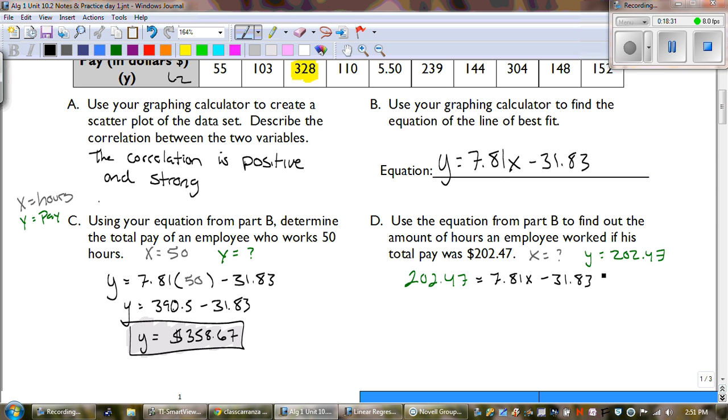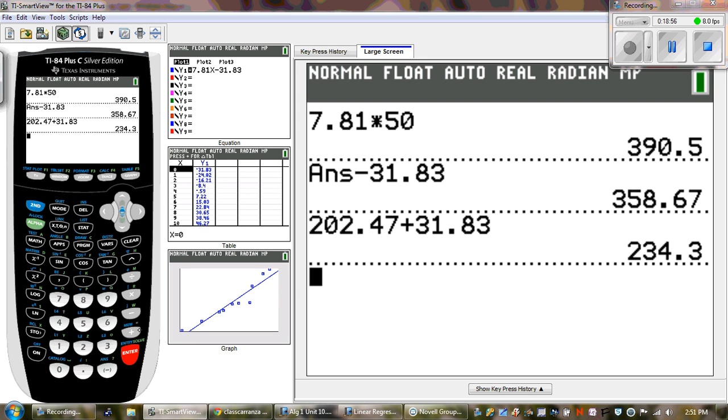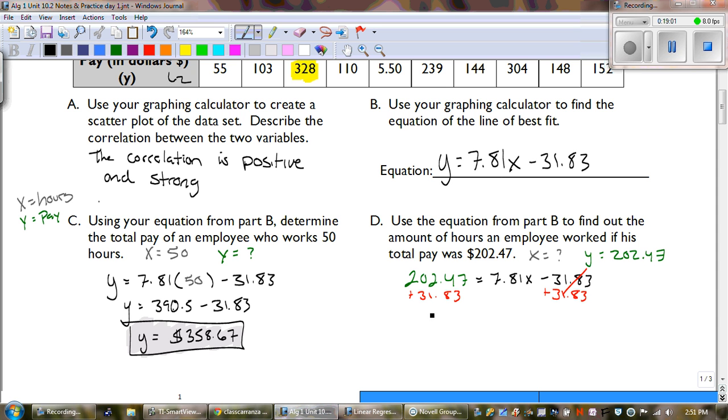Okay? And how do we solve? Well, we're doing SADMAPS. So we add the 31.83 to both sides. If you want to come back and use your calculators, 202.47 plus 31.83 equals 234.30, which equals 7.81x.